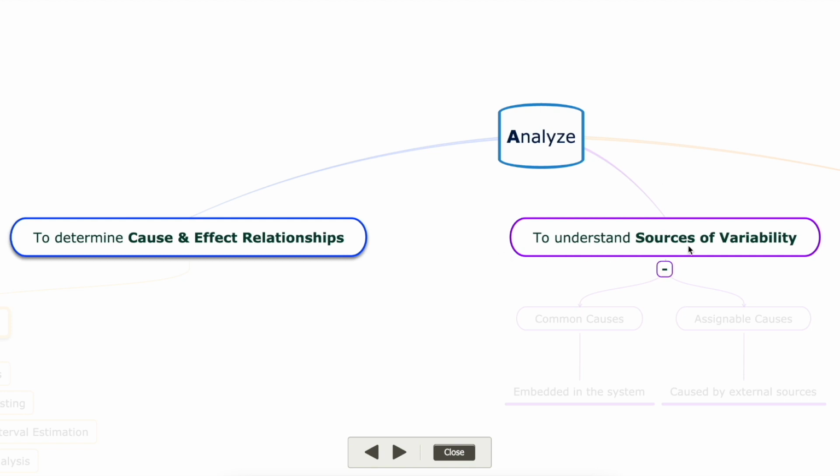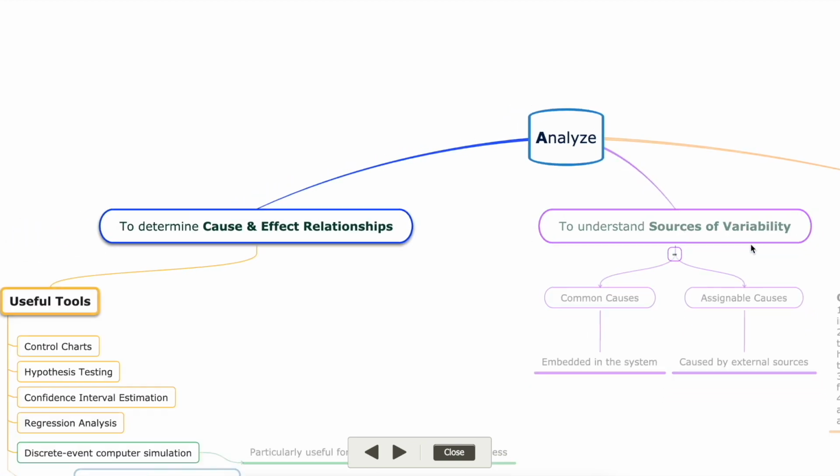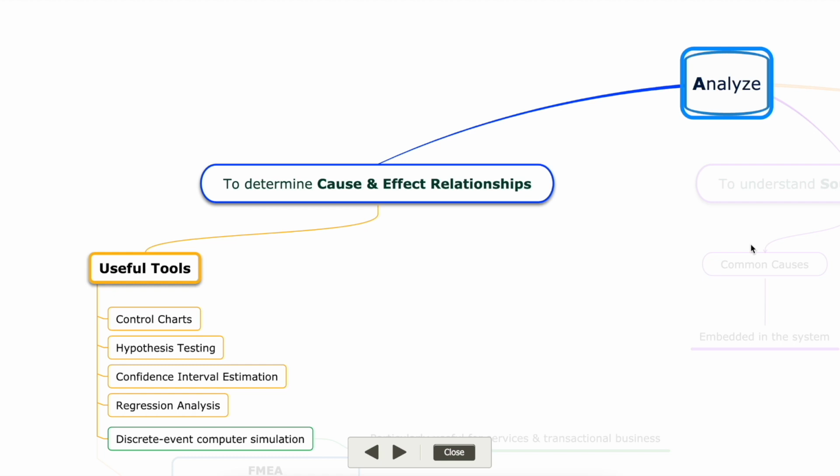And then to understand the sources of variability, what are those sources which are causing variability in the process. And in the cause and effect relationships, the tools that are useful are control charts, hypothesis testing, confidence interval estimation, regression analysis, and discrete event computer simulation. So these statistical parts, we will study in next lectures.